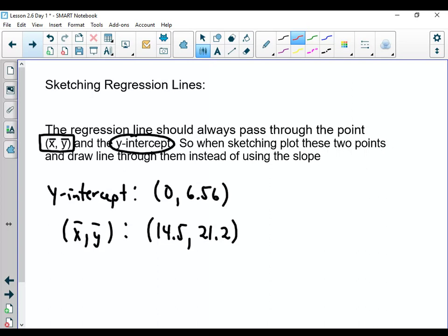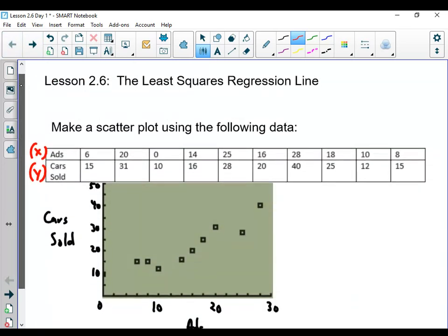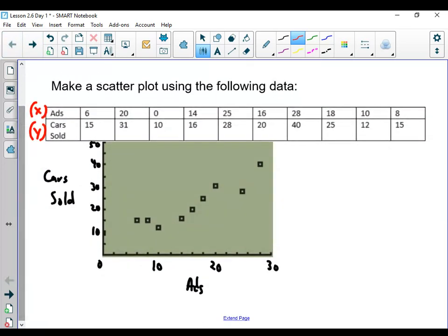So let's go back to your graph, the one you just made, your scatter plot. We're doing a little bit of estimating because we have these decimals in here, but I'm going to start with the one that says 0, 6.56. So I'm going to go on the y-axis and get close to where 6.56 is, and I'm going to put a point there.